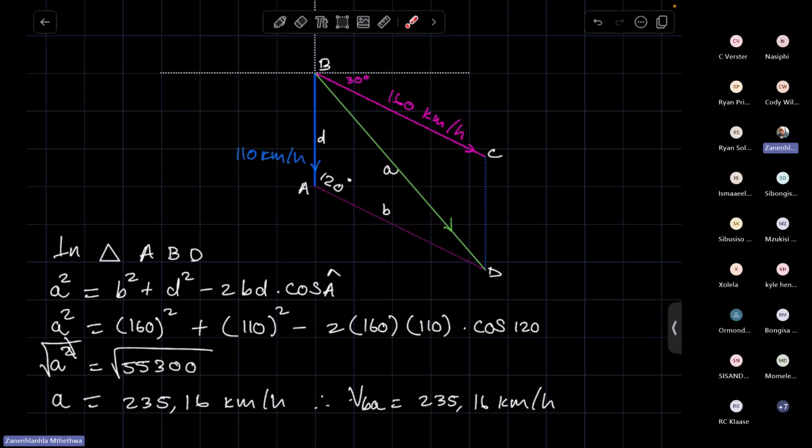Of A. So this being your subject, the angle here corresponds to how you label this. If this is a, then this is going to be angle A. Had this been b, then this would have been angle B. Okay, thank you.